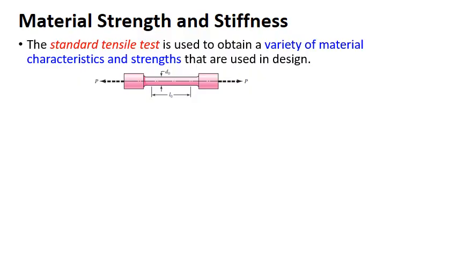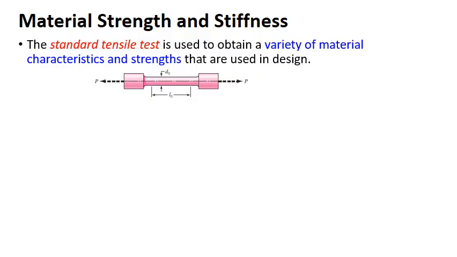So we use this standard dog bone specimen, and the next thing that the standard says is the speed of testing, in terms of stress rate, strain rate, or the crosshead speed. Usually it is 0.5 to 1.5 mm per minute for steels.